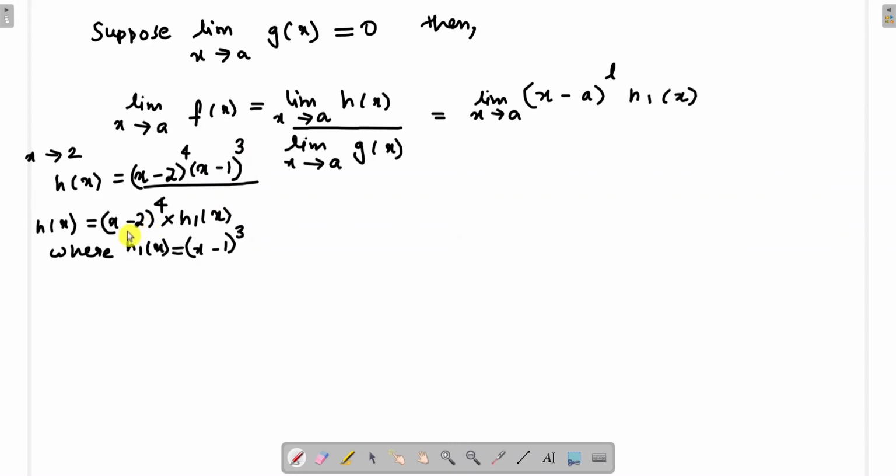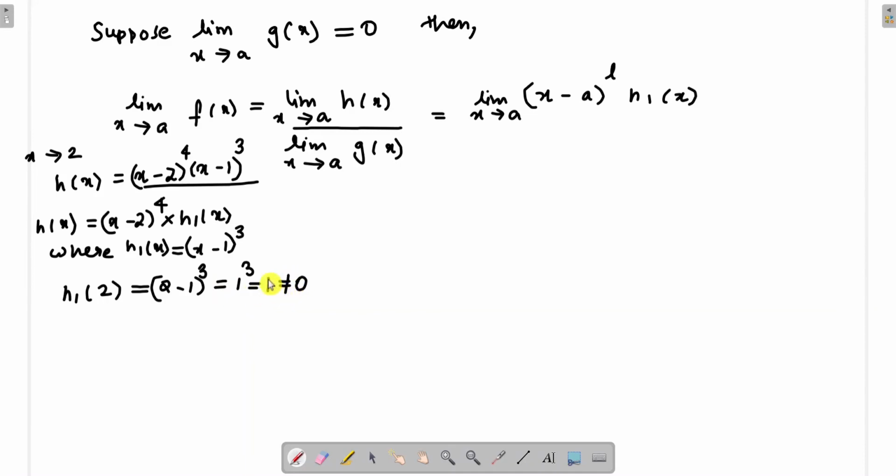One is the factor containing x minus 2, and the rest we have written as another function h1x. Now here you can see that h1x at 2, that is h1 of 2, is 2 minus 1 raised to 3, that is 1 raised to 3, which is 1, not equal to 0.